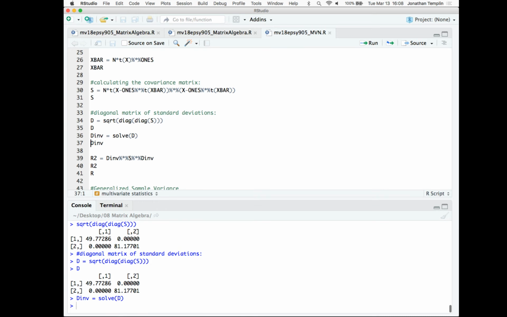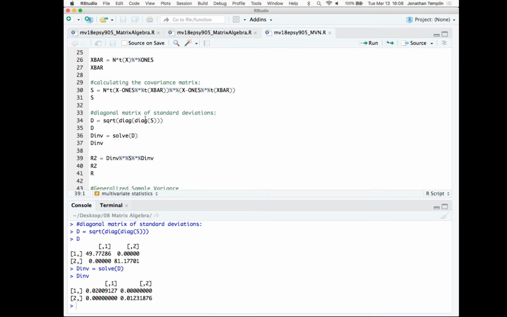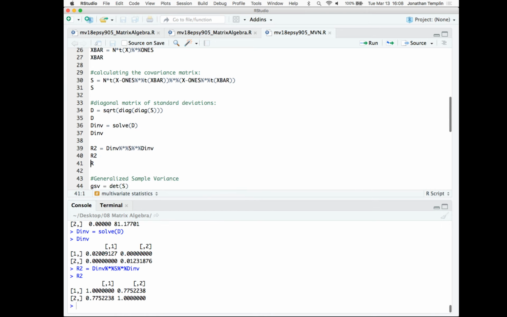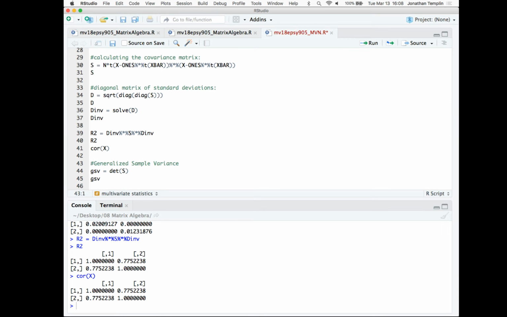The inverse of D is 1 over the value in the diagonal. It's one of the nice matrix inverses you can have. But if you want to get the correlation matrix, you take D inverse times S times D inverse, and sure enough, take a look at what we have here. There it is, the correlation matrix, or if you really want to see cor of X, it's the same thing.